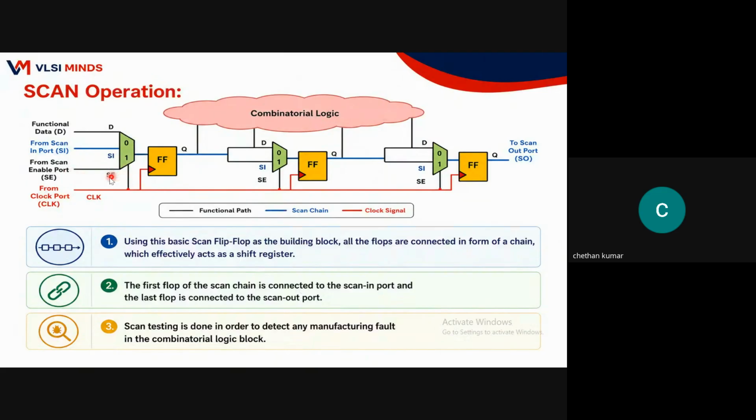When SE is equal to 1, this blue colored line, SI to Q, SI to Q, SI to Q, this path will get activated. The data will be observed at the SO. This SO, SI and SE are the ports created by DFT engineers. See, this is not disturbing any of the functionality. Here we have a D flip-flop, and it will act like a D flip-flop only, even after adding extra logic.